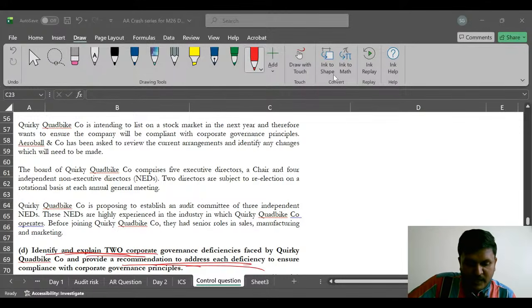Third paragraph. Quirky Cart Company is proposing to establish an audit committee of 3 independent NEDs, and these NEDs are highly experienced in the industry in which Quirky Cart Company operates. Before joining, they had senior roles in sales, manufacturing, and marketing.